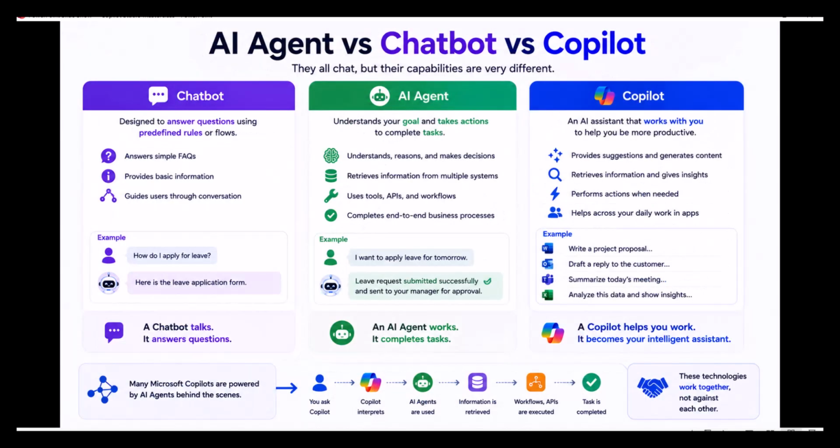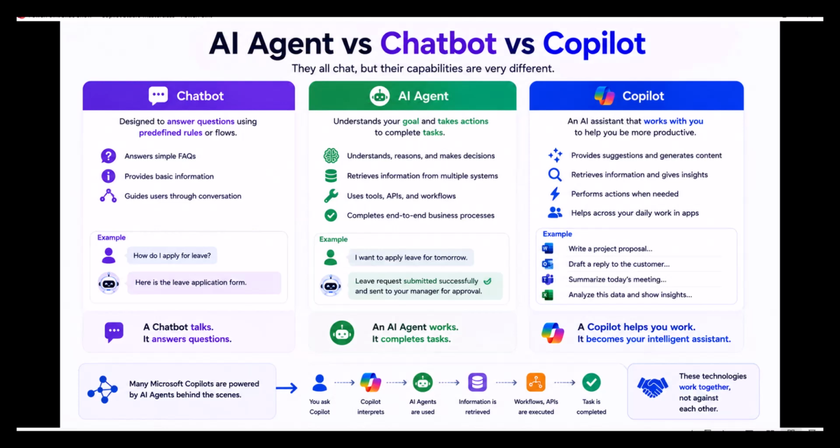Now we have learned about chatbots, AI agents, and Copilot individually. Let's compare them side by side because many people get confused. At first, they all seem similar because they can chat with users, but their capabilities are very different. Let's start with the chatbot. A chatbot is mainly designed to answer questions.